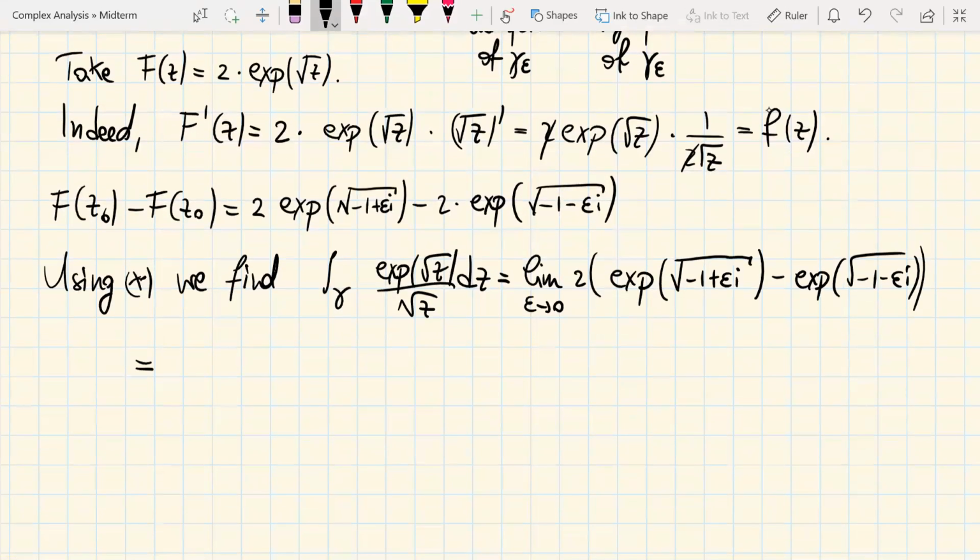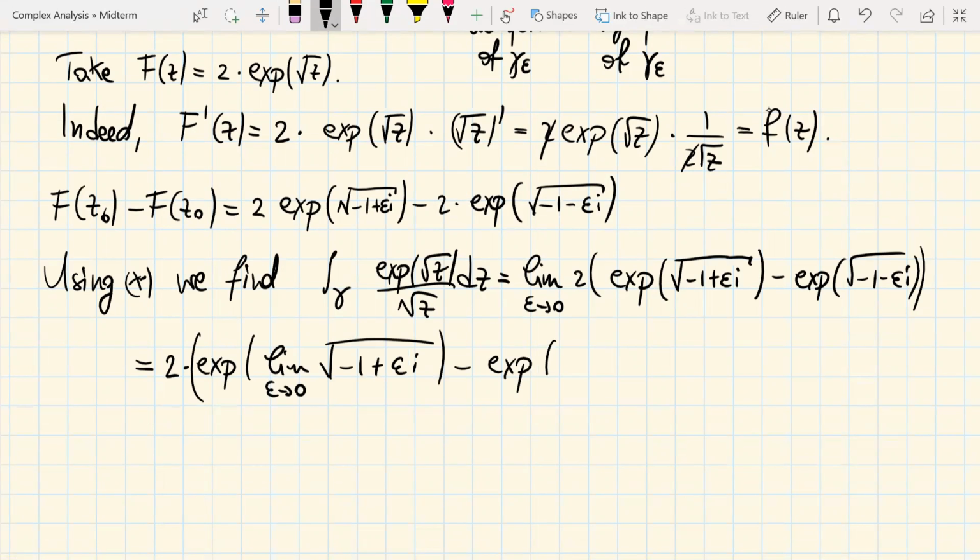Now we can use that the exponential is a continuous function, so we get 2 times the exponential of the limit, and same here.